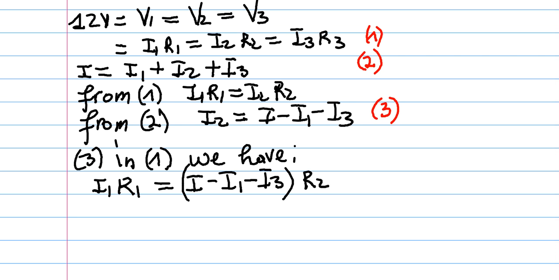Let us expand that equation and see what we are going to have, which is equal to the main current I times R2 minus I1 times R2 minus I3 times R2.